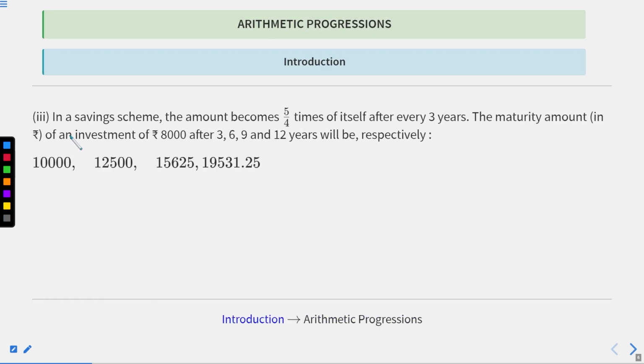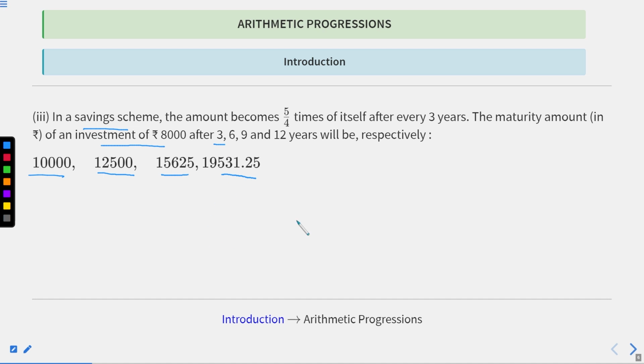Let us see the third one. In a savings scheme, the amount becomes 5 by 4 times of itself after every 3 years. The maturity amount in rupees of an investment of 8,000 after 3, 6, 9, and 12 years will be respectively 10,000, 12,500, 15,625, and 19,531.25.